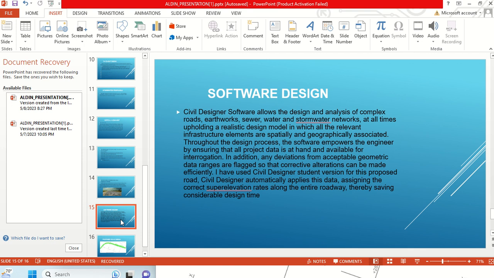As I mentioned before, for this particular road I decided to use Civil Designer, which is a student version, which I was trained with during my in-service training.